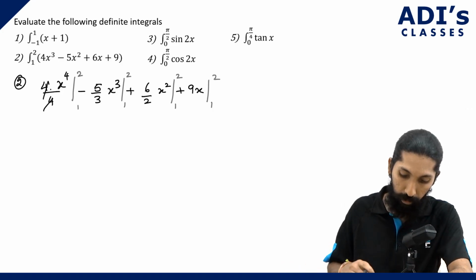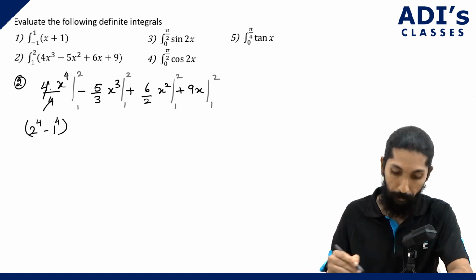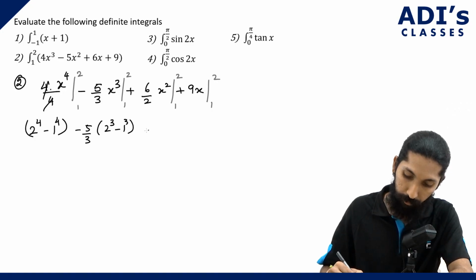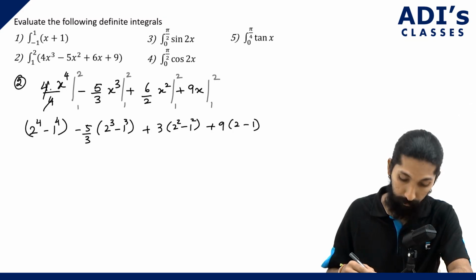Now 4 and 4 cancel out, right? So you have 2 power 4 minus 1 power 4, the first part, minus 5 by 3 into 2 cube minus 1 cube, plus 3 into 2 square minus 1 square, plus 9 into 2 minus 1. Fine.